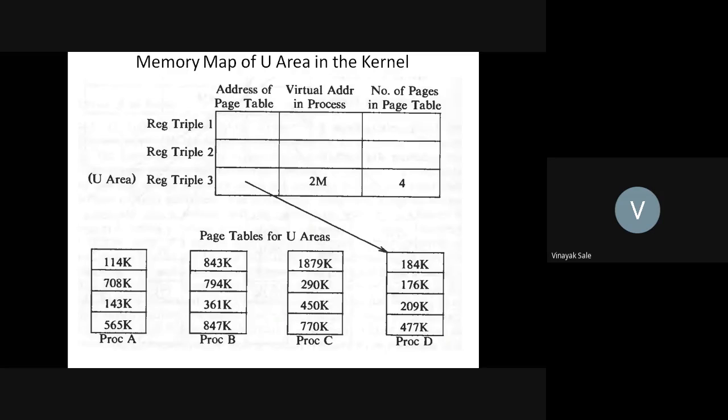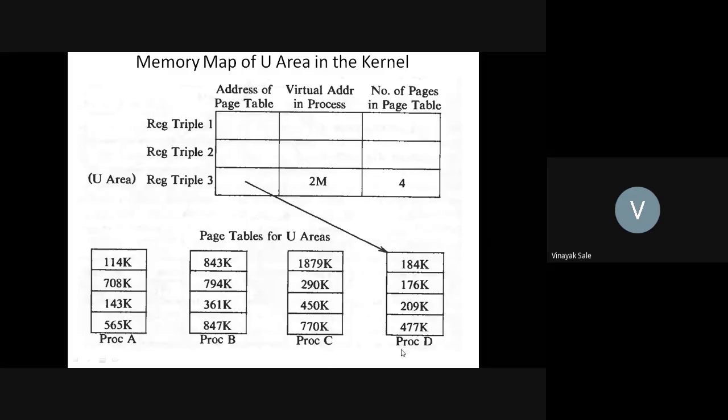See, this is the figure of memory mapping of the user area of the kernel, which consists of the address of the page table, the virtual address in the process, and the number of the process in the page table. These are the page tables for the user area for different processes: process A, process B, process C, and process D.